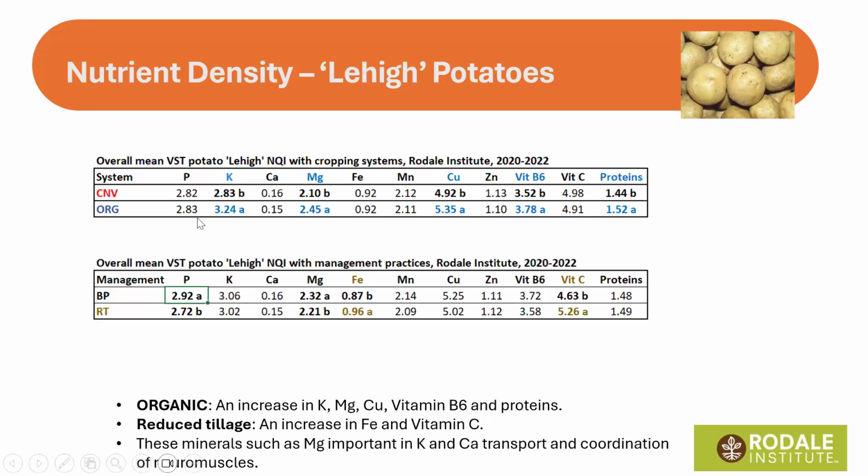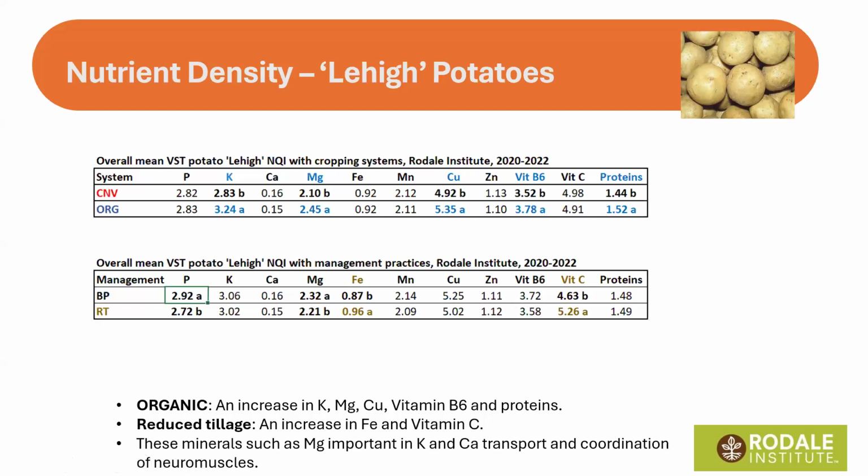So we are good in phosphorus, no differences in phosphorus in potato between organic and conventional, but we start to see significant differences in the organic for potassium, magnesium, copper, vitamin B6, and proteins. Here we start to see variations. I expect in the coming few years, these numbers will start to widen, the difference between them.